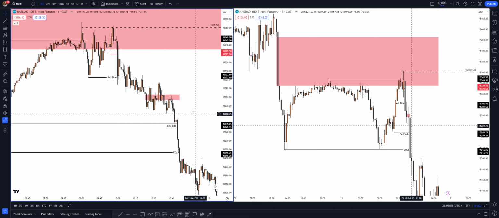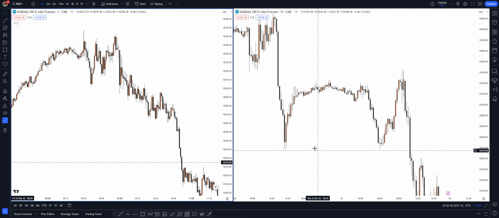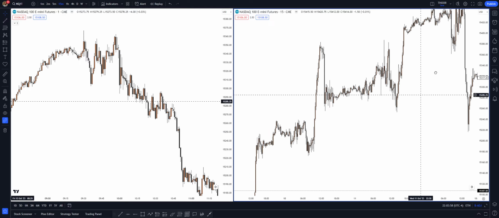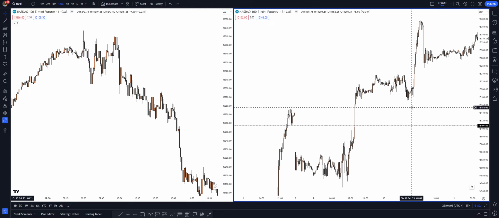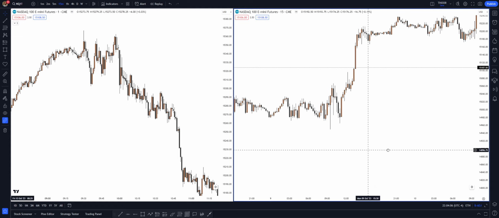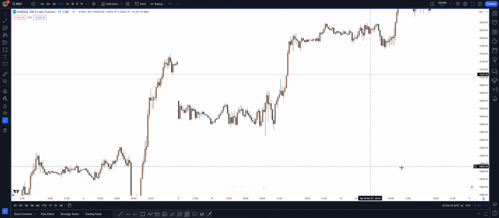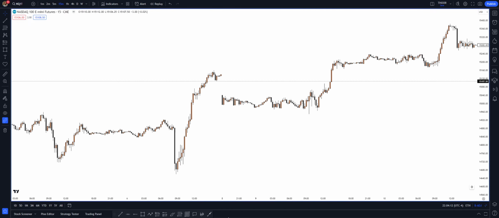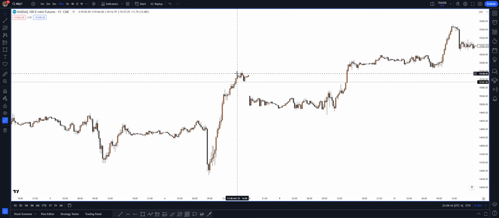So yeah, this is the bearish example. Let me just delete everything so I can show more. Let's go down here for the bullish example. So this chop, for the bullish example, let's take a look. We have a raid here, then we expanded.